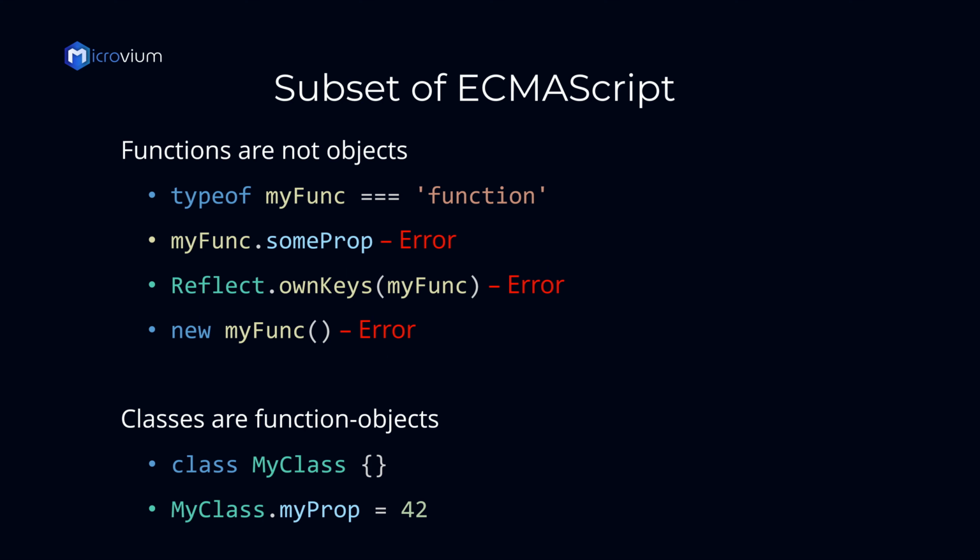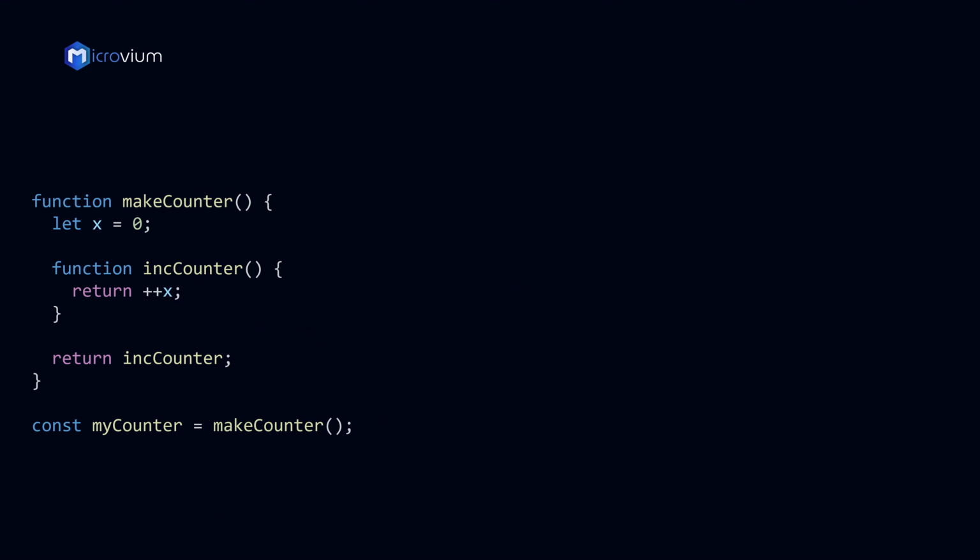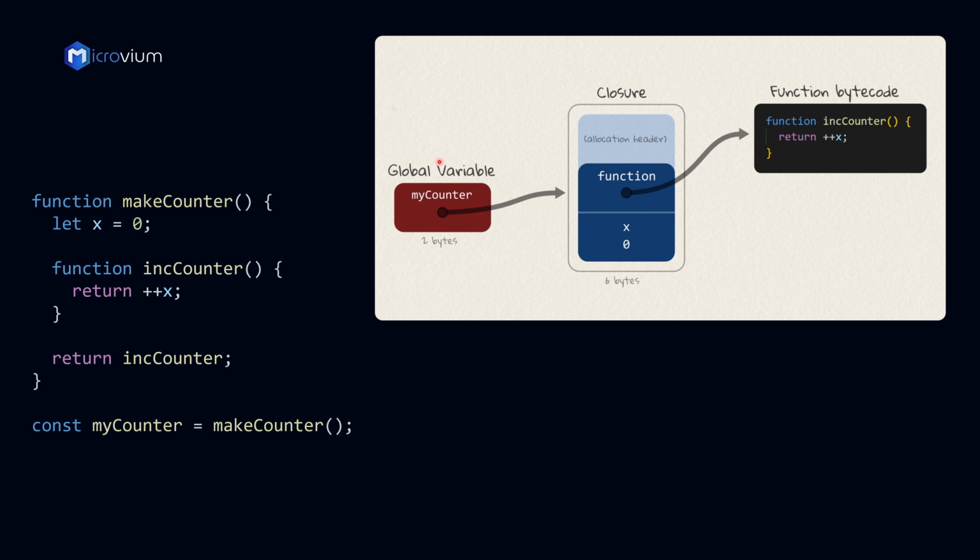But neither objects nor classes in Microvium are the most efficient way to store state. Closures are significantly more efficient, so let's talk about those. So here we have a simple closure example. The function incCounter closes over the variable x in its parent function, and the variable myCounter references that closure. In memory, the myCounter variable is a 2-byte slot that references the closure on the garbage collected heap.